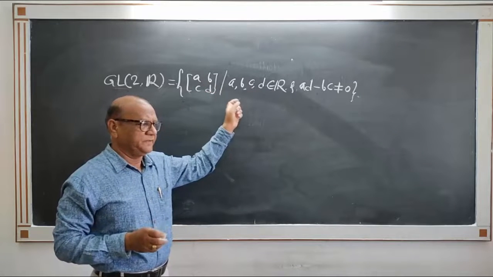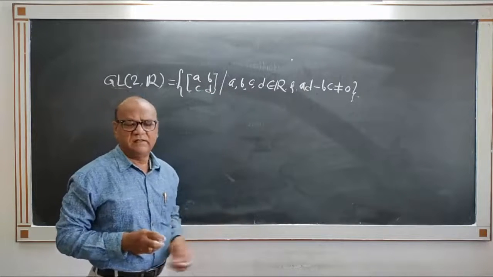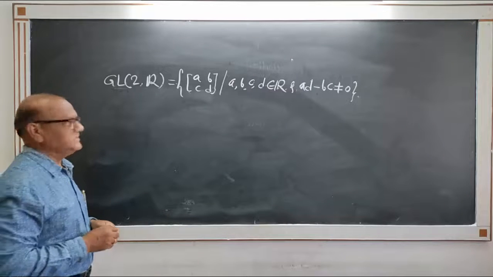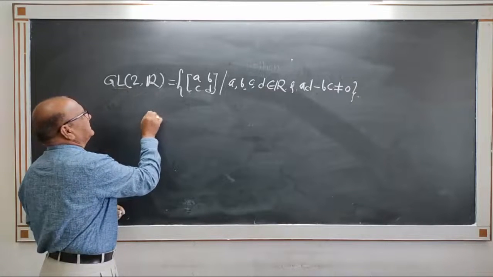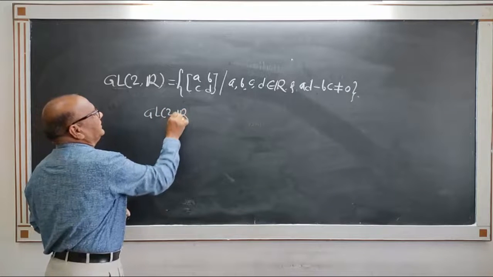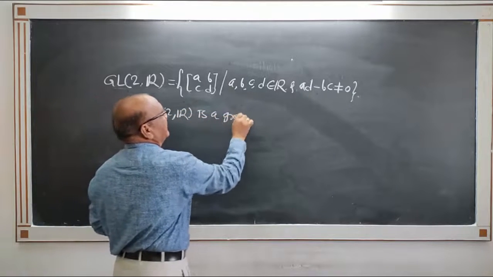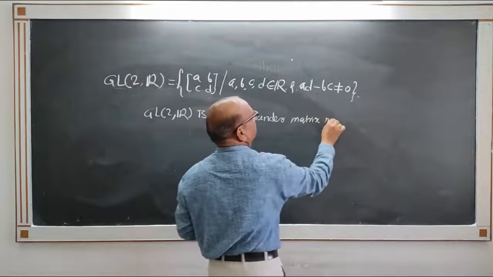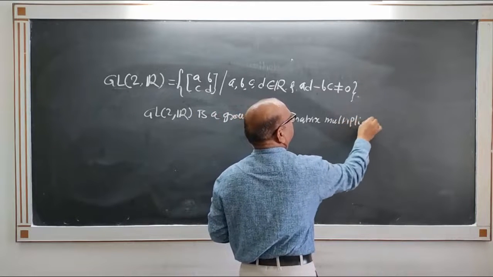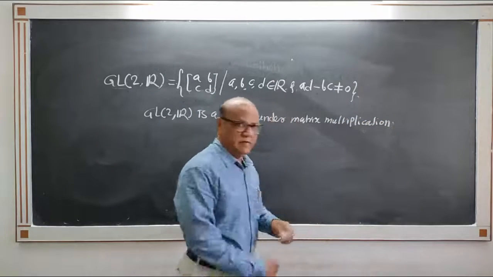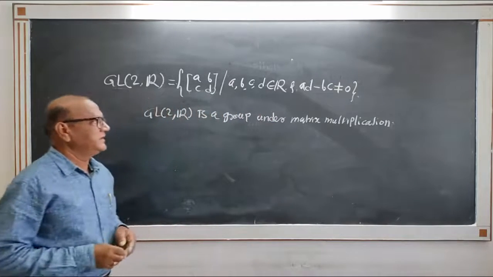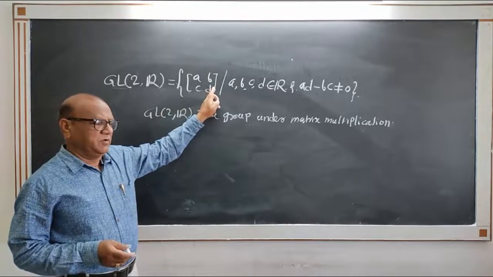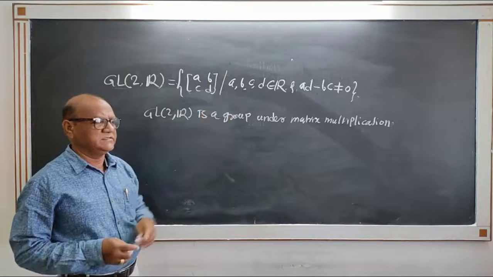Then clearly this set is a group under matrix multiplication. GL2R is a group under matrix multiplication. The product of 2 by 2 matrices is again a 2 by 2 matrix.